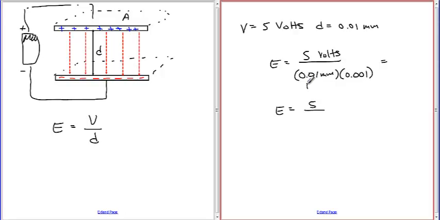This is 1 times 10 to the negative 2. This is 1 times 10 to the negative 3. So you get 1 times 10 to the negative 5, which is 5 times 10 to the 5th. And the units are volts per meter. Electric field is also newtons per coulomb, and that's because electric field is force divided by charge.